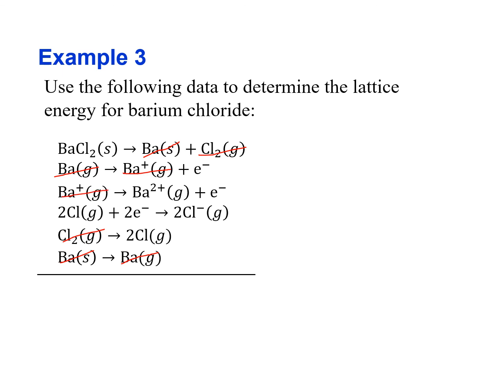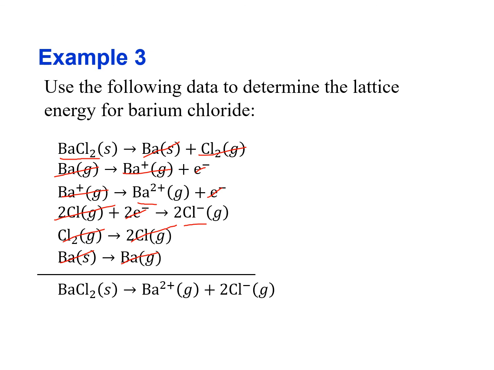Let's see, I have 2 electrons. Those are going to cancel out with the 2 electrons on the left here. And then I think there's one other thing to cancel. Yes, 2 chlorine gases, 2 chlorine gases. And if you look at the only things that are left over now, I will have barium chloride on the left, and on the right, barium 2 plus and 2 chloride minuses.